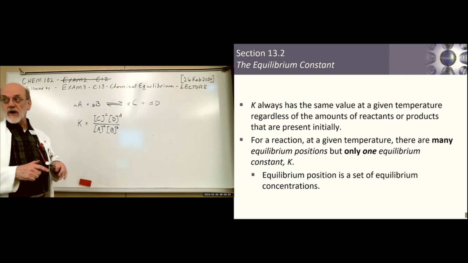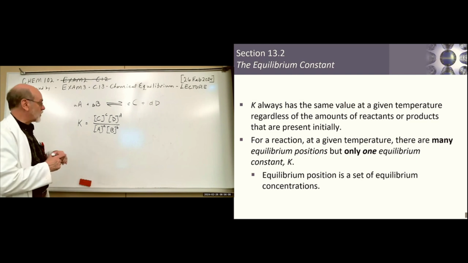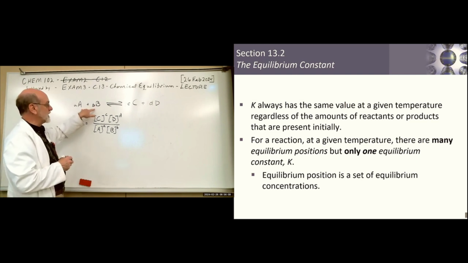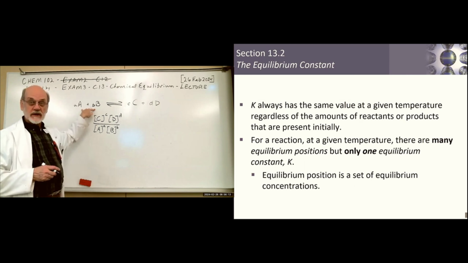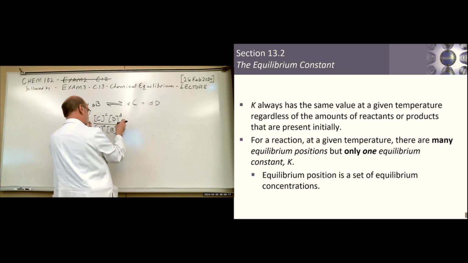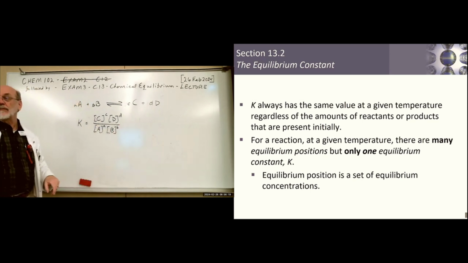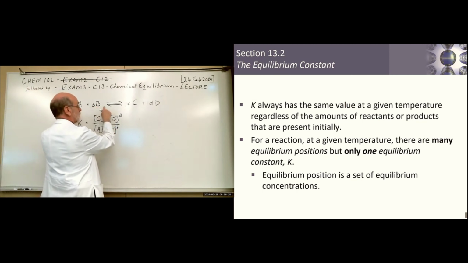It is a constant. As long as the temperature doesn't change, then this is a constant. No matter what the concentrations you put in here, eventually when it reaches equilibrium and you determine the concentrations at equilibrium, put them in the expression, it's always the same number.